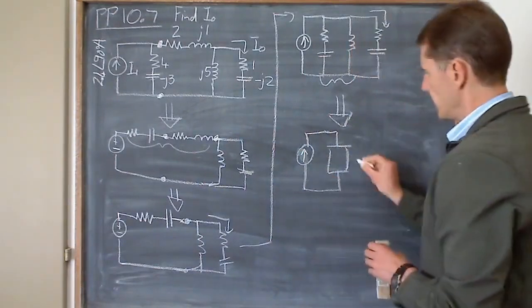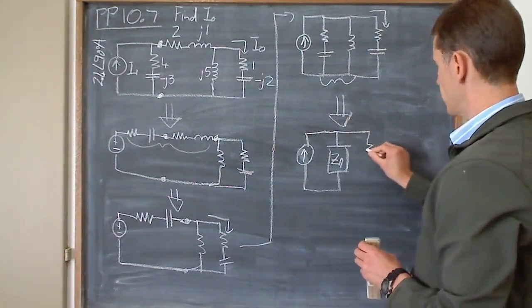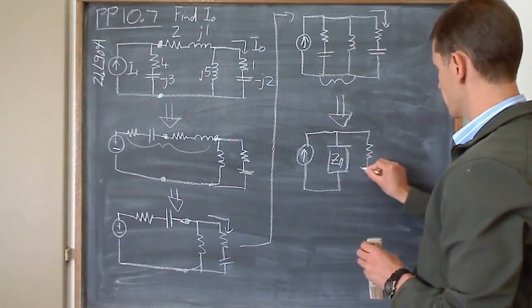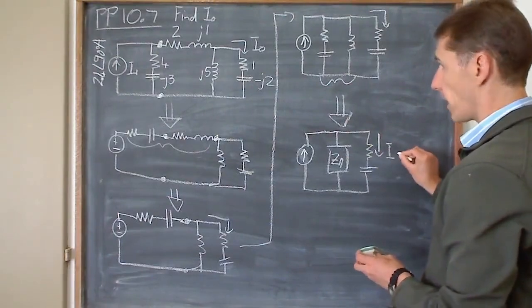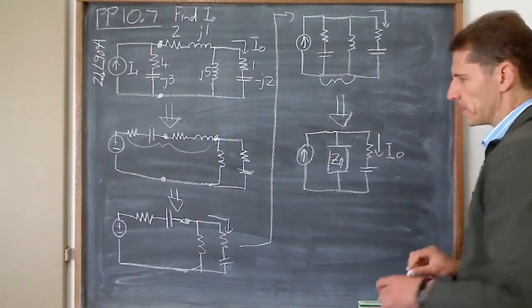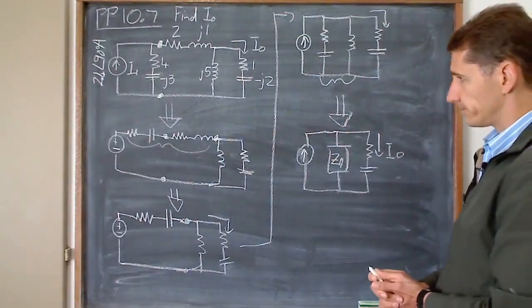Let's call that LZ parallel, and then we still have our original circuit with the I out that we're looking for. And then we're going to do a current division.